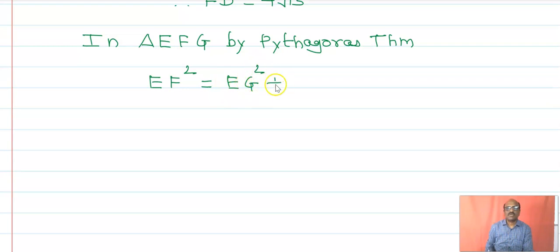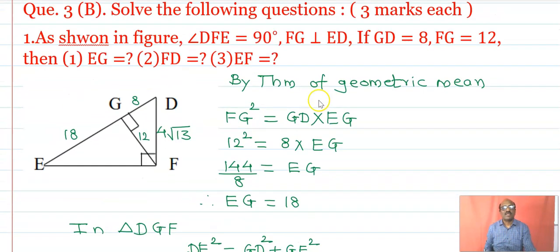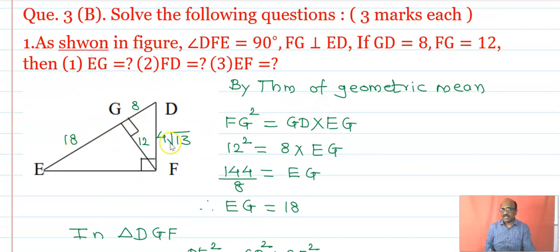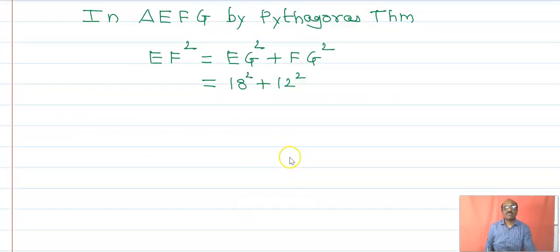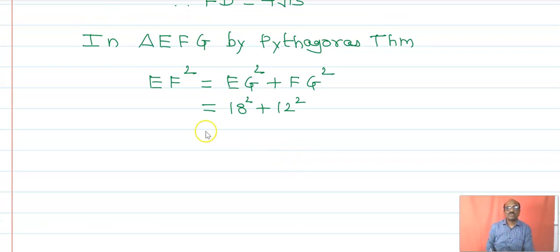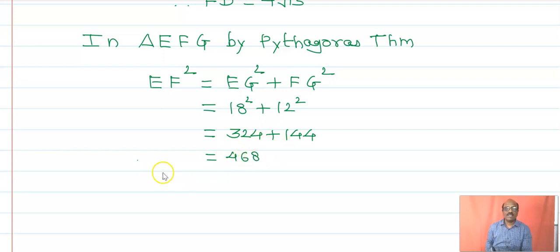Now what is the EG? EG is 18 and FG is 12. 18 square plus 12 square. 18 square जर आपण इथे घेतला, that is equal to 324 and 12 square, which is 144. Now 324 plus 144, that is 468, and this is the EF square.